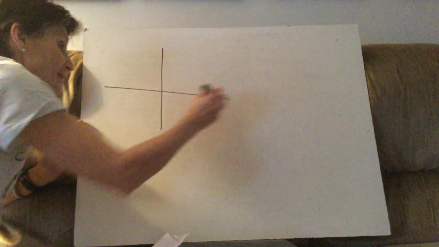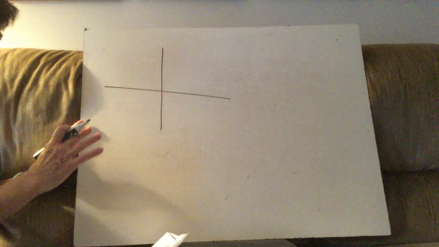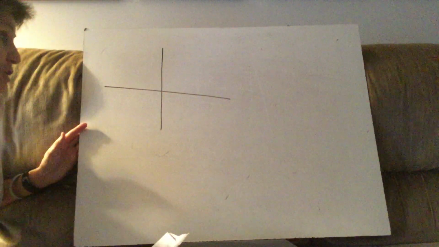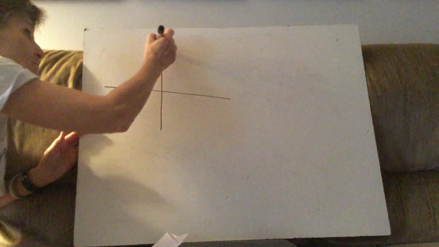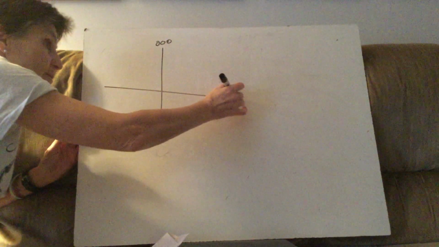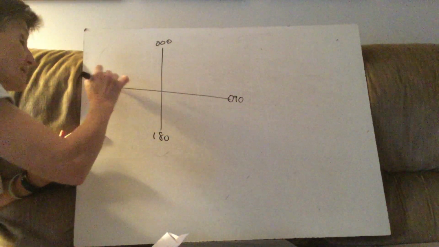We got a plane flying, and when we have that, our setup is different than all the problems we were just doing. Remember that navigation has its own set of rules. Due north is 0. This is 90. This is 180. And this is 270.